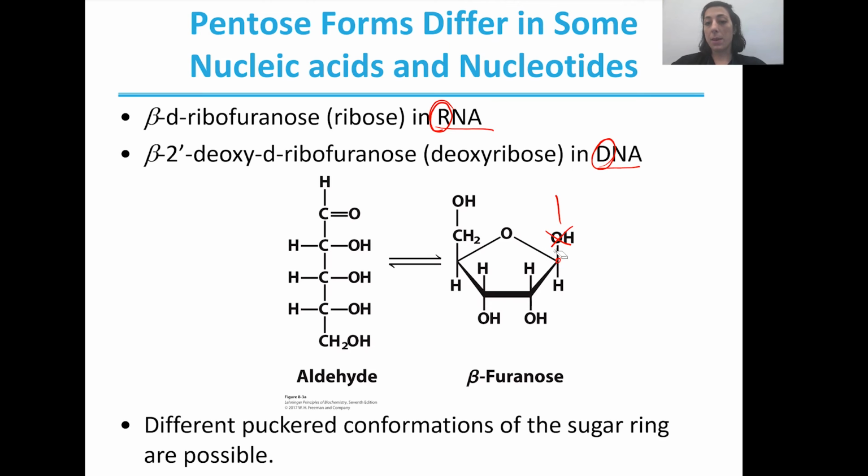And remember that depending on the positioning of this group, either same side as our CH2OH group or opposite side of our CH2OH group, this can be called beta or alpha. And note here that the beta form of the sugar is the one that is preferenced in both RNA and DNA.